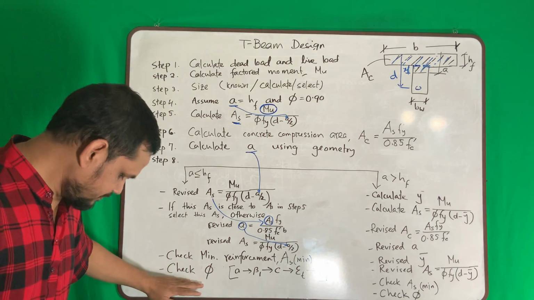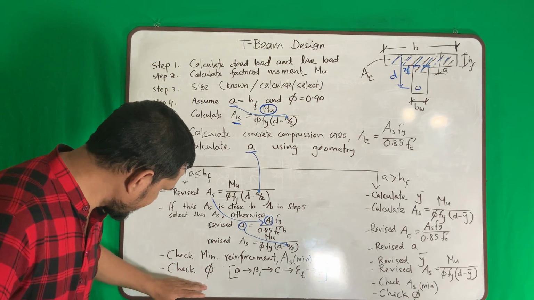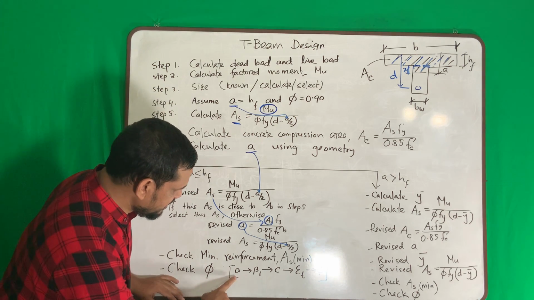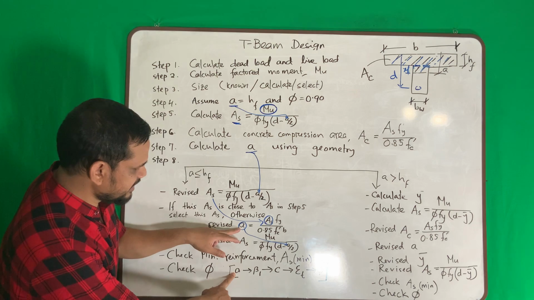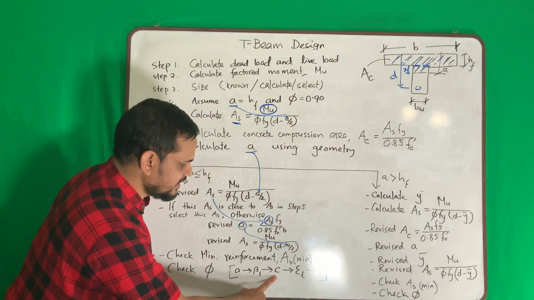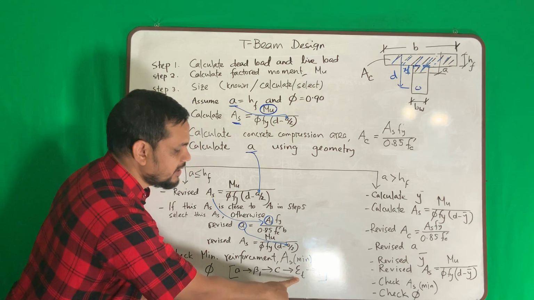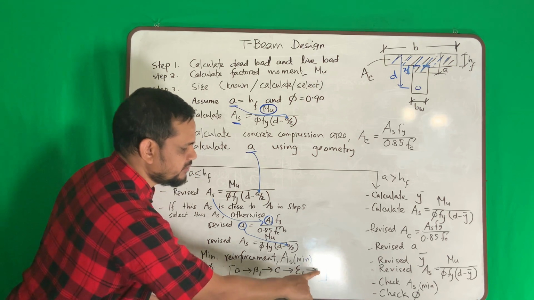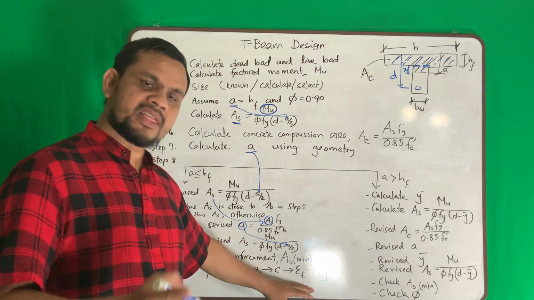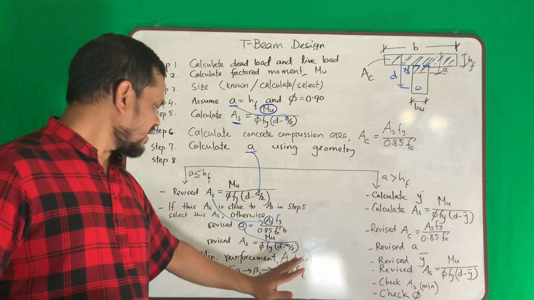Then you have to check your phi. How to find? You got your A, revised A. Calculate your beta 1. Calculate c. Then tensile strain. Based on the tensile strain, you know how to find phi. You saw this term many times before, so you know how to find phi.